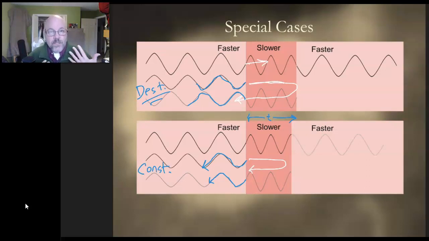So traditionally we use T for the thickness of the film. But there's a relationship between T and the wavelength of the light, lambda, and that's going to tell us whether we get destructive or constructive interference. Now let's look at a couple examples, and then we'll come back.